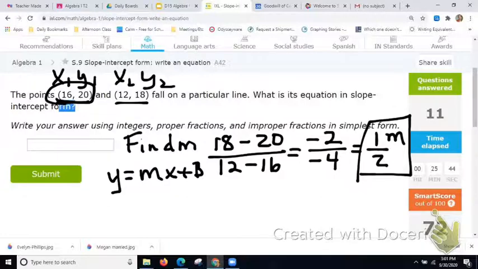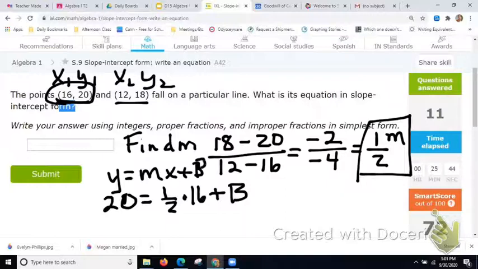So the y in that point is 20. The m here is 1/2. The x there is 16. And if you prefer to use parentheses around the 16 instead of the dot, it's the same. And then this is plus b. Sorry, it almost looked like an 8 there.